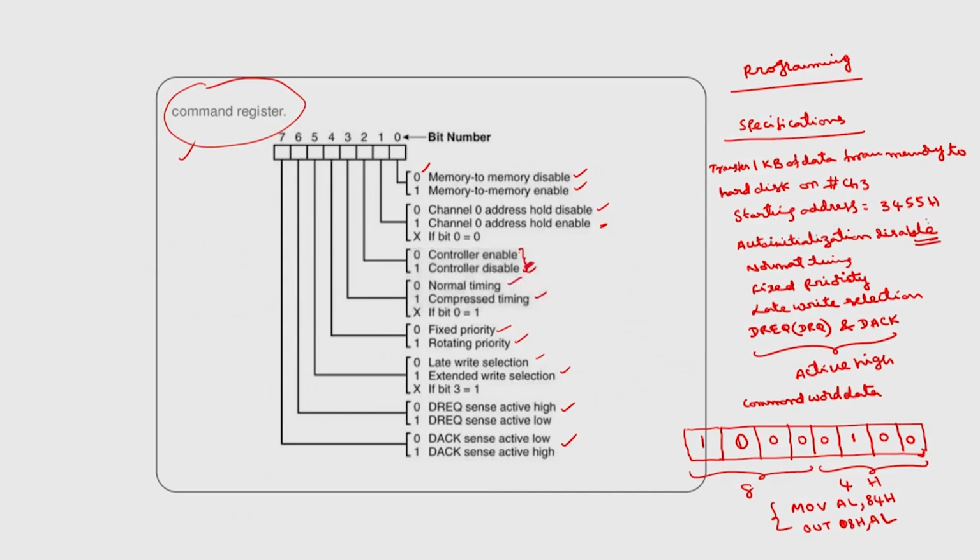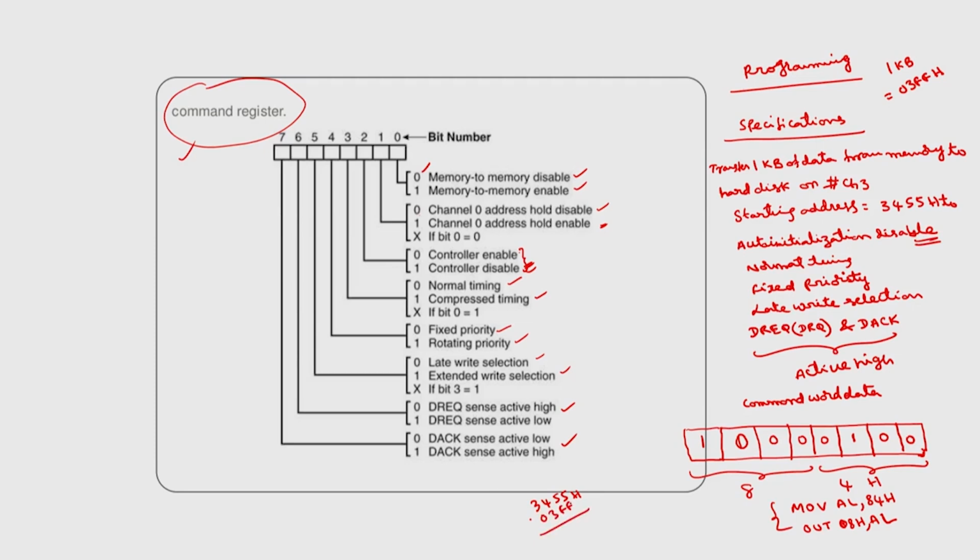So, 1 byte of the memory starting from this address to, so what is the ending address? If I want to increment this, 1 kilobyte is equivalent to 03FFH in hexadecimal. So, the ending address will be now 3455H plus 03FFH.